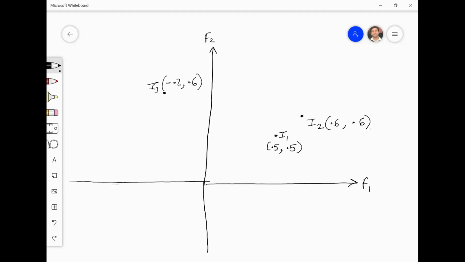And I4, let us write it as minus 0.5, comma 0.5.